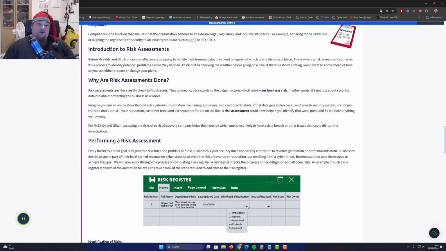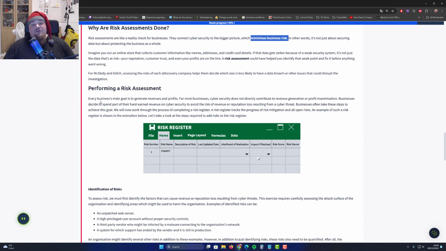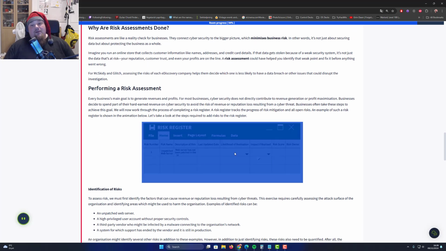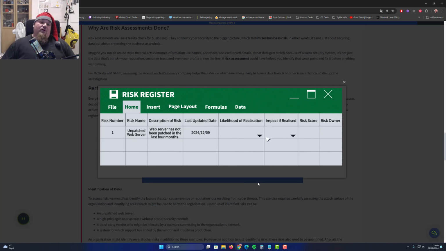So why are risk assessments done? Well, it's to minimize business risk. In other words, in performing a risk assessment, there are many ways to do that, and they do show one image here. They talk about the risk number, the name, description of risk, last updated, likelihood of realization, impact if realized, risk score, and risk owner.